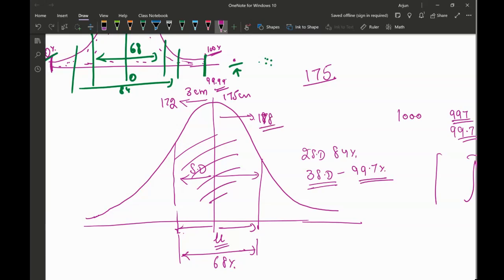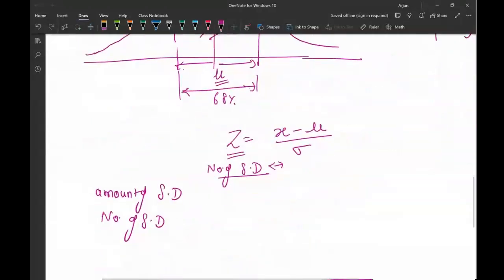So this is the amount of standard deviation, 3 centimeters, and that is sigma. And the number of standard deviations will become 1. So z will become 1, and sigma will become, in this case, 3. Hopefully you were able to understand the difference between the two terms.